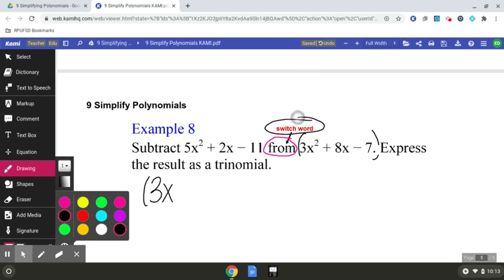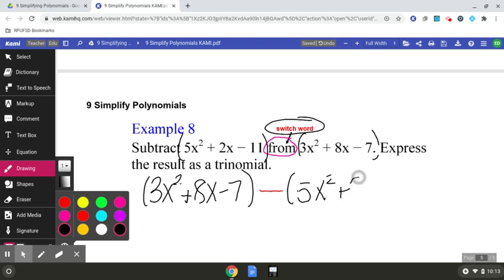We're switching the order. We are subtracting, they told us that, this first polynomial.